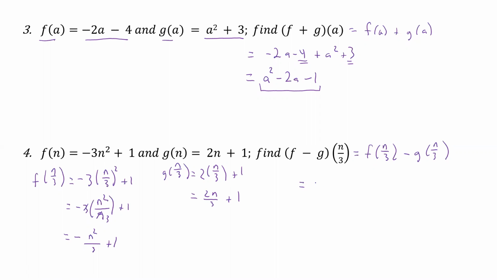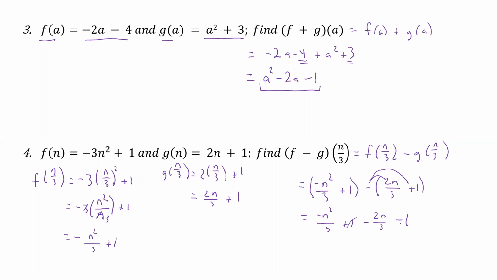So we're going to take our first one, minus n squared over 3 plus 1, and that is going to be, let's put it in parentheses, minus our second one, which is 2n over 3 plus 1. So now we can drop the parentheses on the first one, minus n squared over 3 plus 1. Now we distribute that negative, so that's going to be minus 2n over 3, then minus 1.